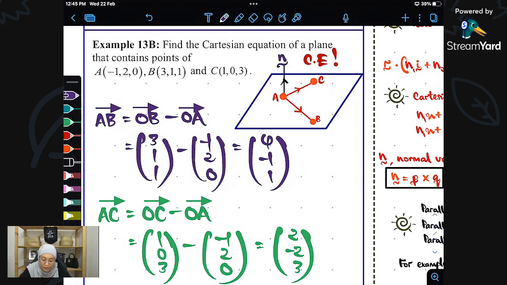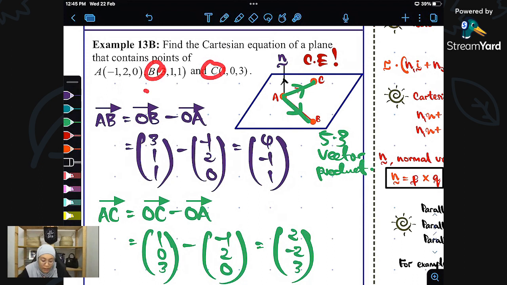Sebab apa? Sebab kita sudah pun belajar 5.3 vector product, where we know how to find the AB vector. So this is my AB vector and this is my AC vector. Okay, from point A. Actually, you boleh start daripada mana-mana point pun. Point B boleh, point C pun boleh.